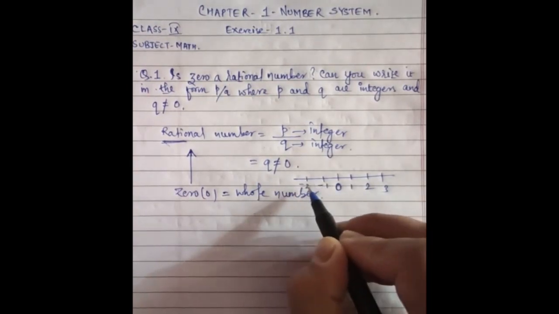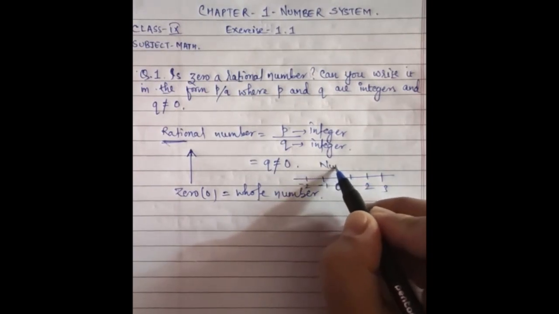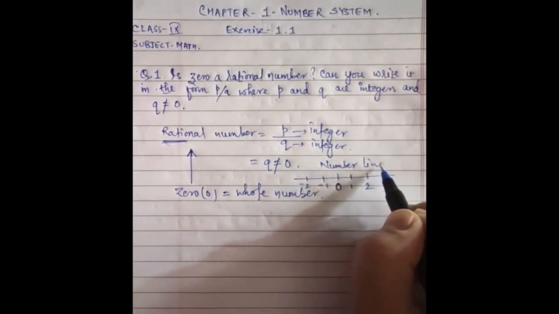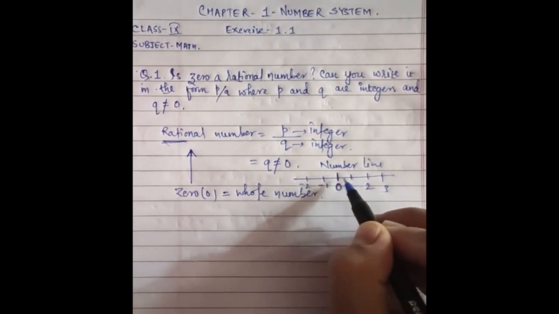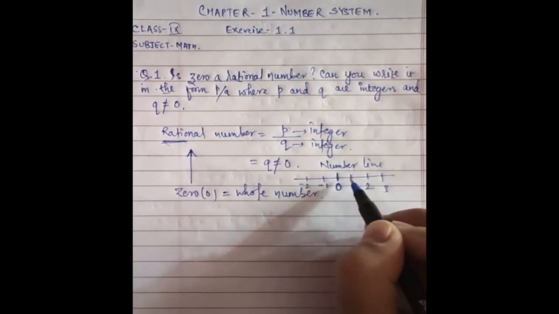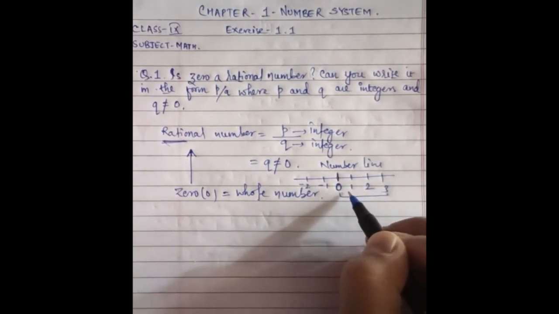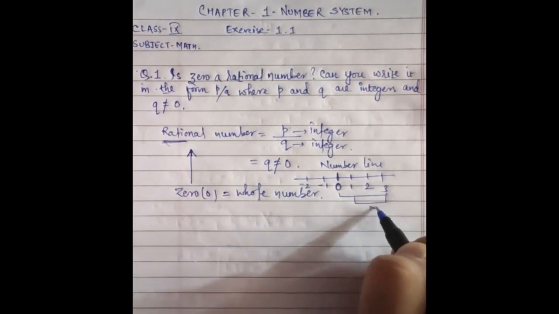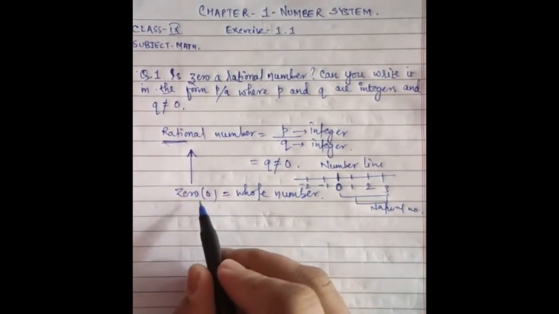All the integers are represented in a systematic order on the number line. You can find 0 in the center of the number line, from where we can count the numbers. We start from 0, then 1, and we consider these as whole numbers. But excluding 0, if you have 1, 2, 3, those are considered natural numbers, isn't it? So 0 is a whole number.